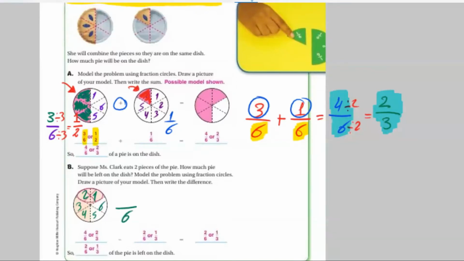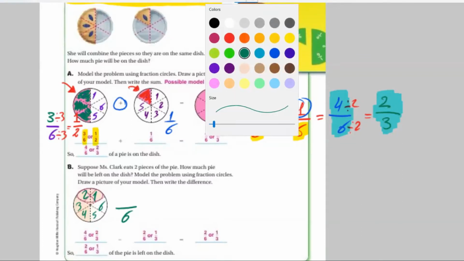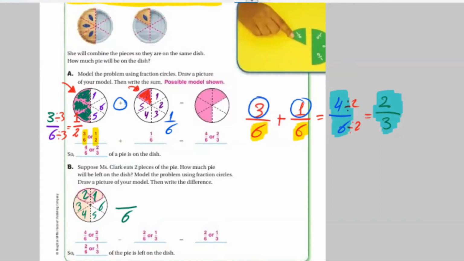And how many pieces are shaded here? Let's count. We have 1, 2, 3, 4. So it will be 4, right? And then what is the meaning of this sign, this X?